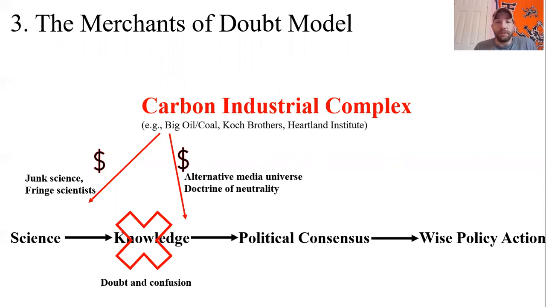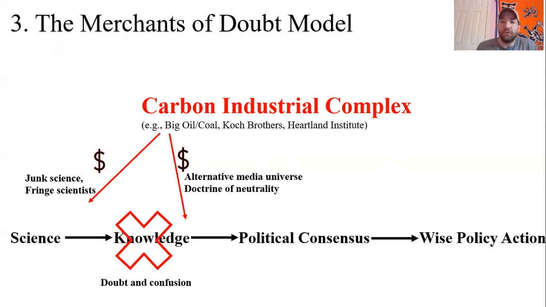On this other part of the linear model, you have the creation of an alternative media universe. This started well before talk radio, but you think about talk radio, Fox News, and now the internet and all the different platforms where people are getting their picture of reality mediated to them, right?